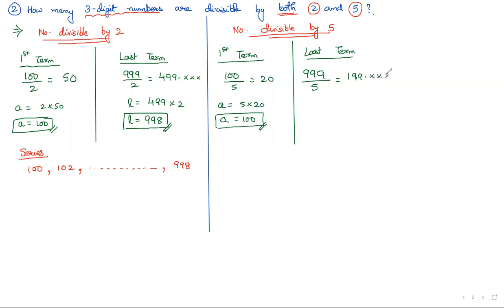So the last number is 199 into 5. So the last number will be nothing but 995. Correct?